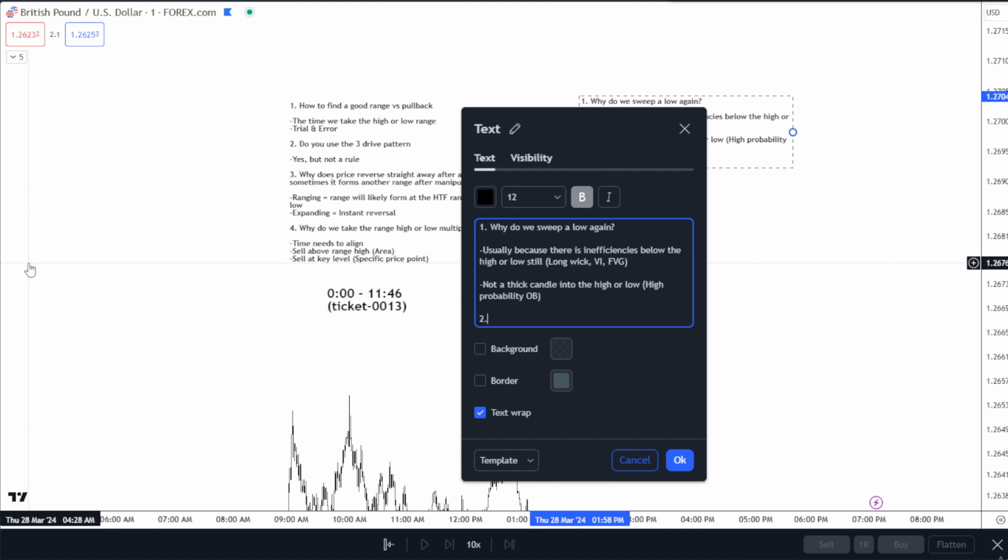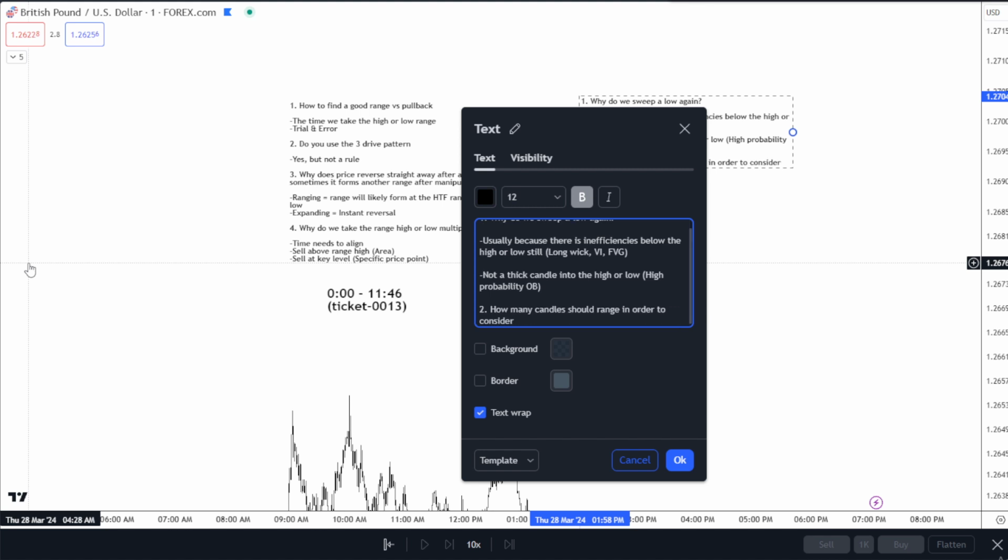Next, second question is, how many candles should range in order to consider it a range? Because in this case, there were only 2 15-minute candles before manipulation, which seems not much for a range. So there isn't a specific amount of candles to confirm a range.